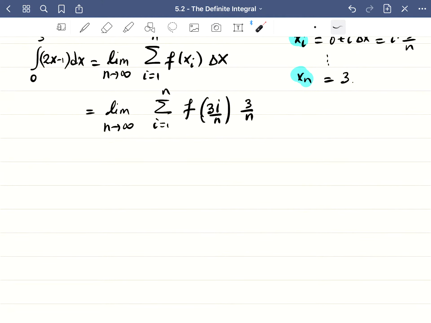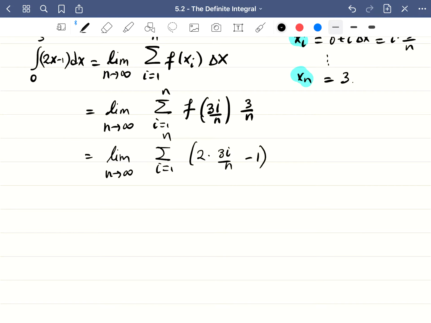Then you have the limit as n goes to infinity of the sum i from 1 to n of 2 times 3i over n minus 1, times 3 over n.